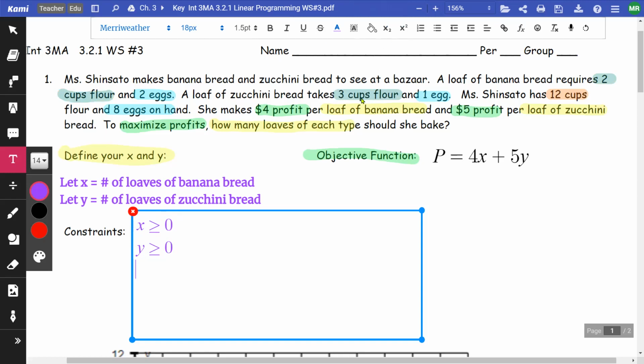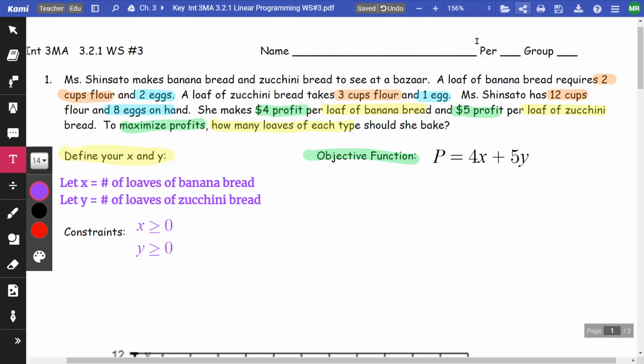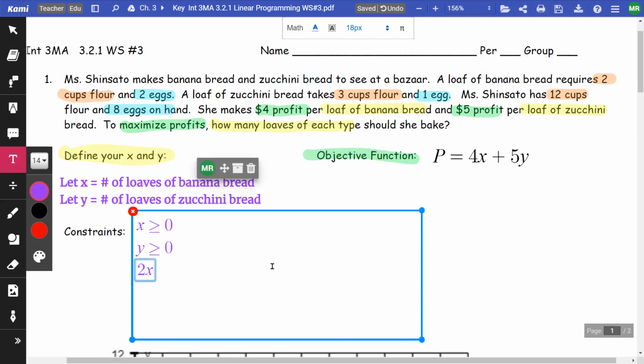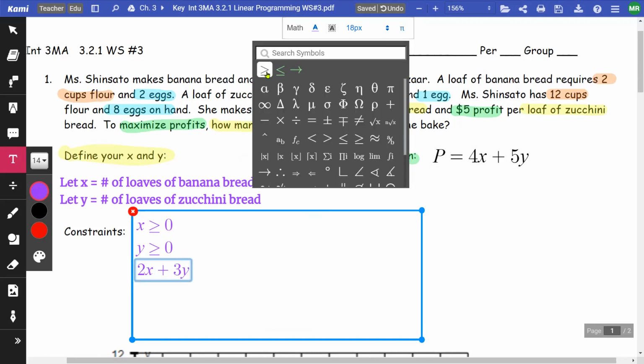And then I'm going to write one for flour. I know there's 2 cups flour for banana, 3 cups flour for zucchini, and we only have 12 cups total. So it's going to be 2x plus 3y less than or equal to 12.